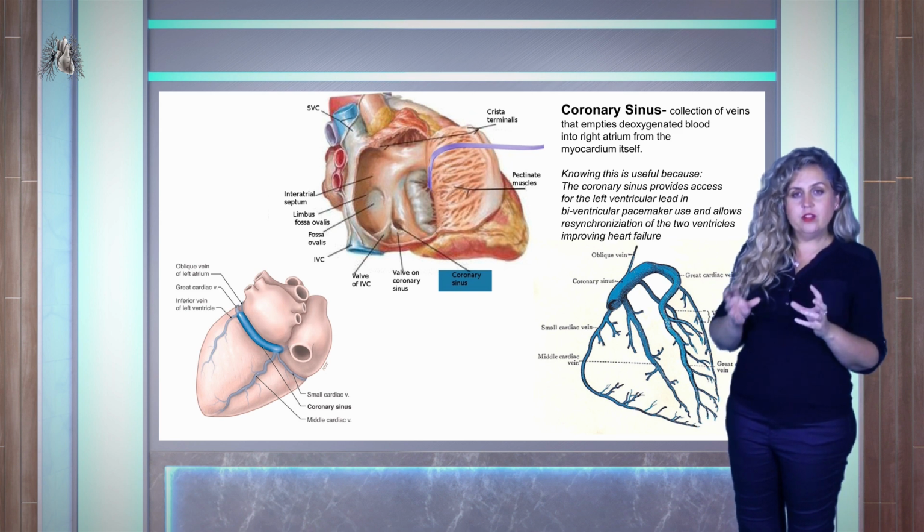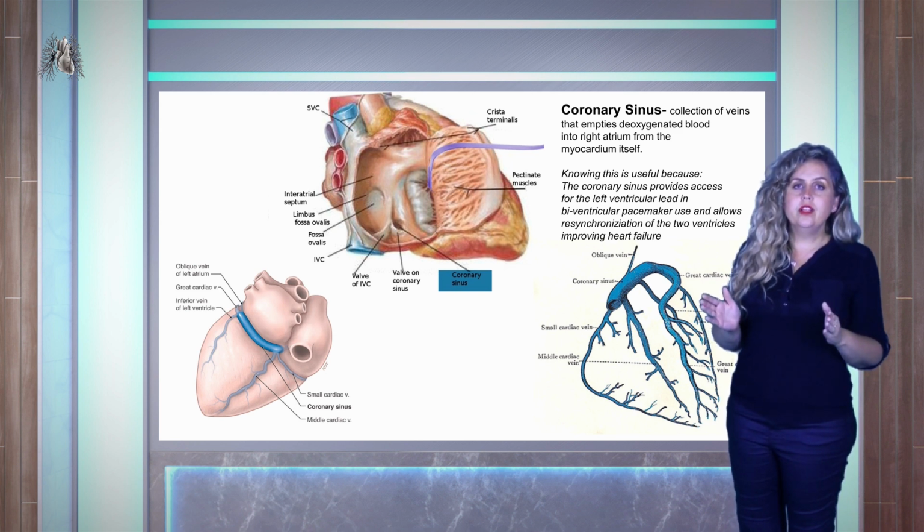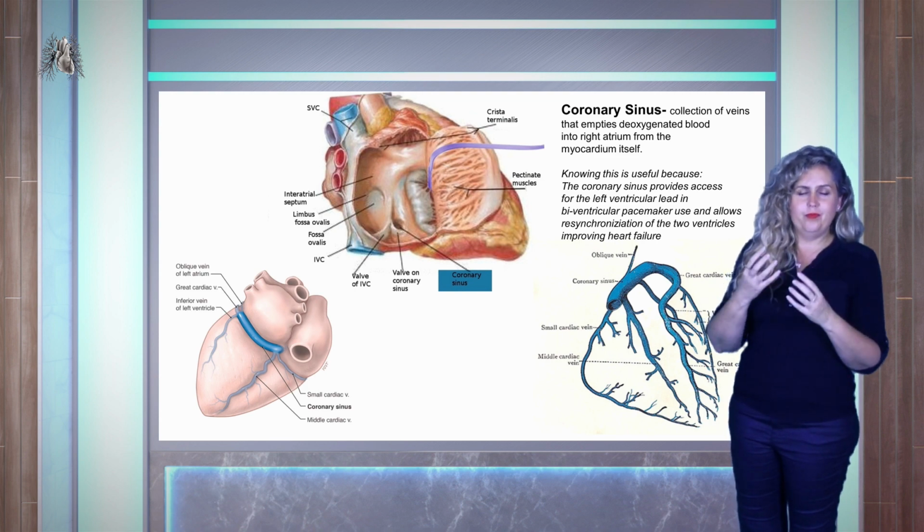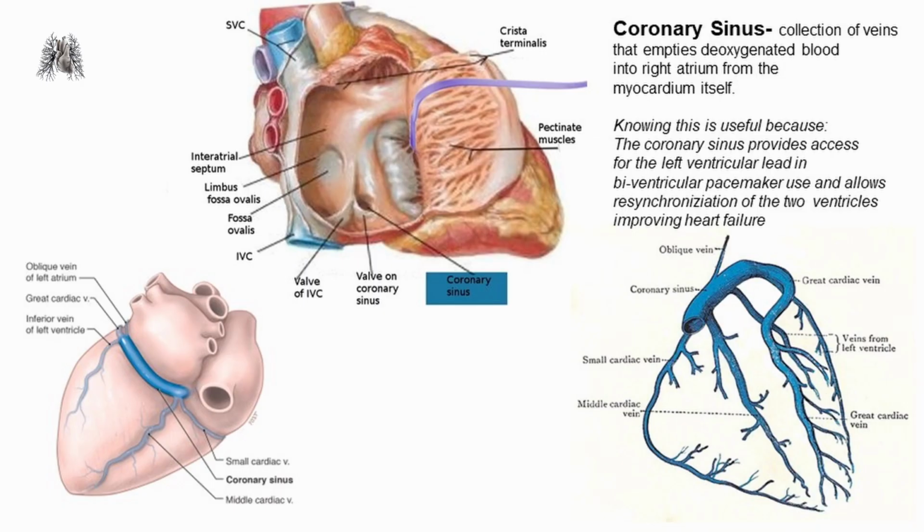And with special algorithms and timing, you can create a very narrow QRS in a very bad heart failure situation with tremendous results, an improved EF, a much better patient, and that's why it's becoming more popular. So look out for that one.